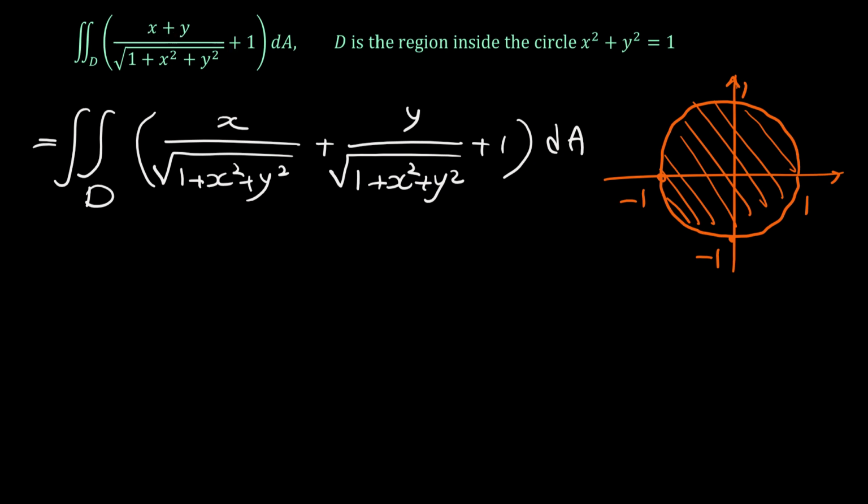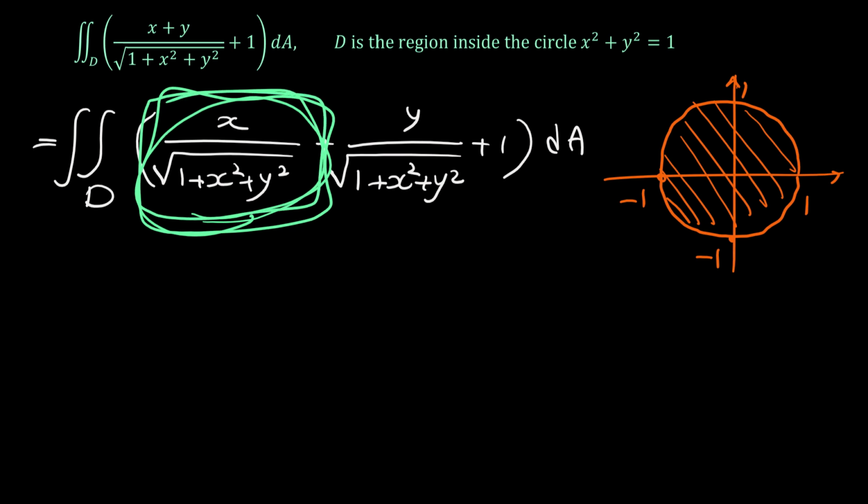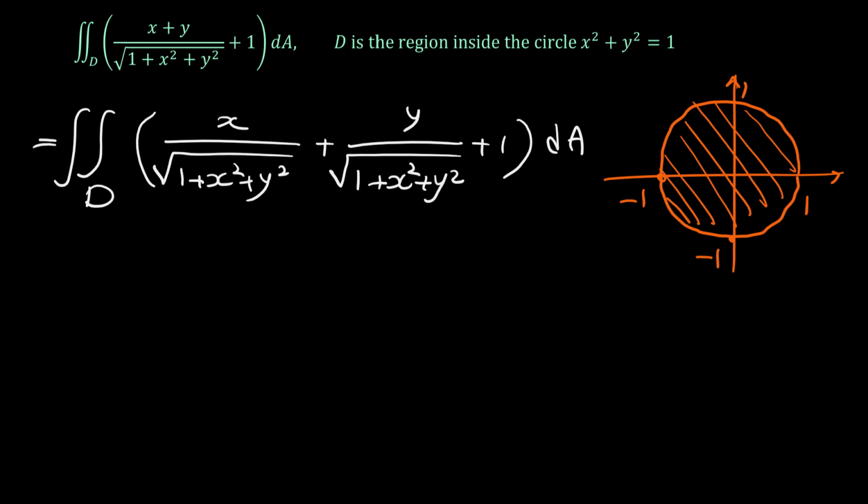And I have a good reason for this. Please pay attention. This function is odd with respect to x. So this function here is odd with respect to x. This function is odd with respect to y.